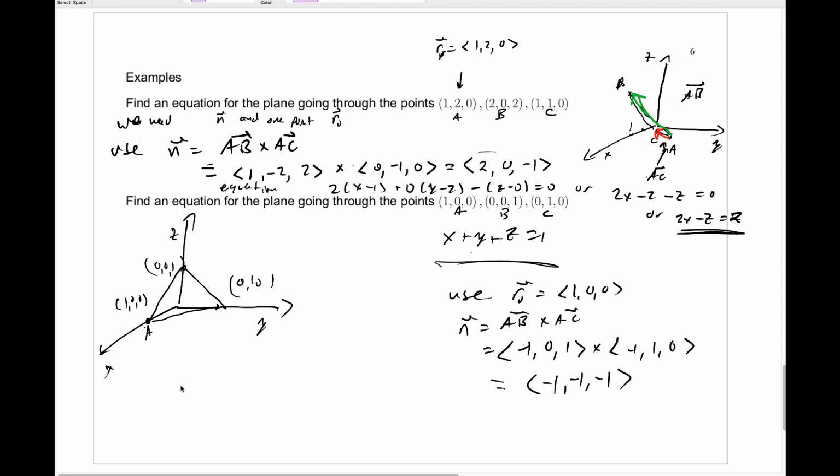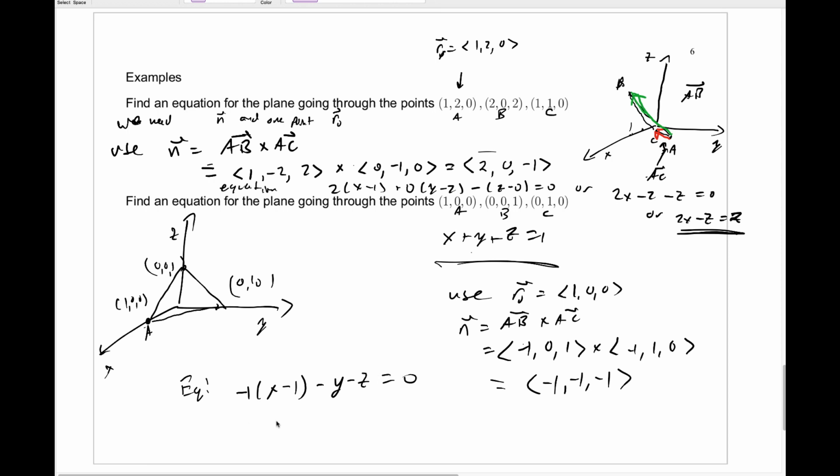So the equation for the plane is just given by taking the first entry from the normal vector, -1, multiplied by x minus the x coordinate of our base point, minus 1 times y minus 0. Then we have a minus 1 times z minus 0 equals 0.